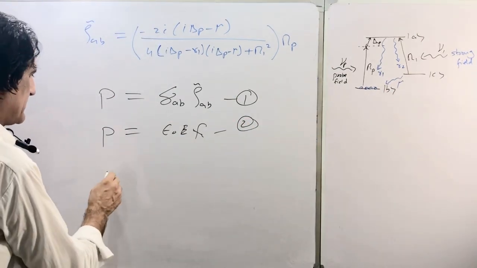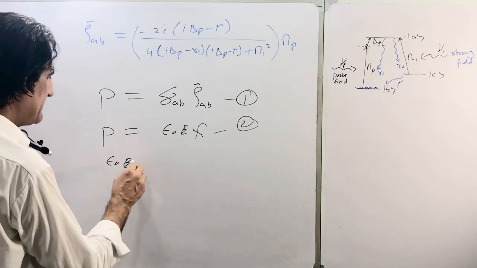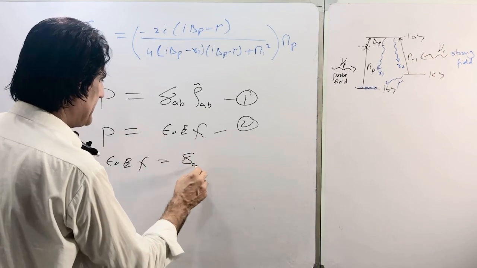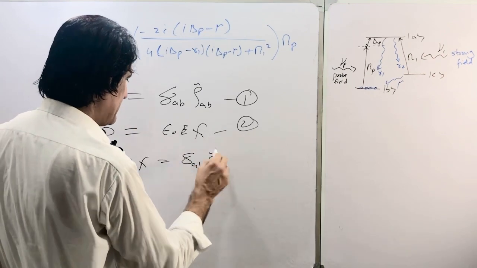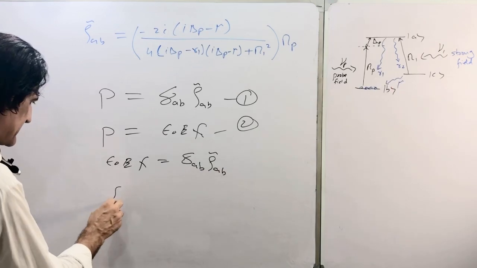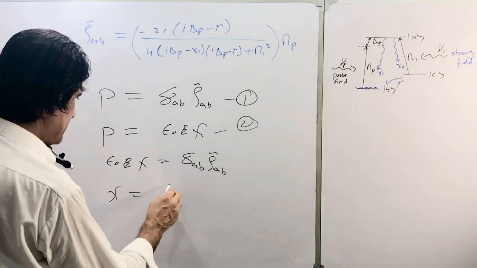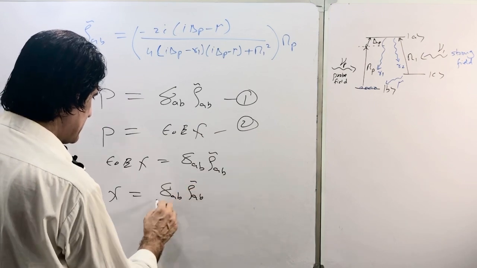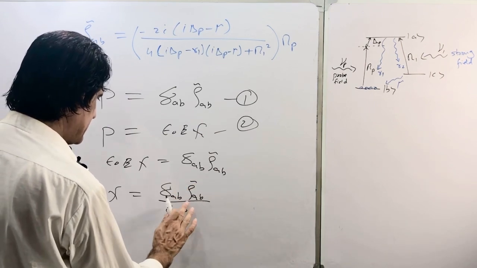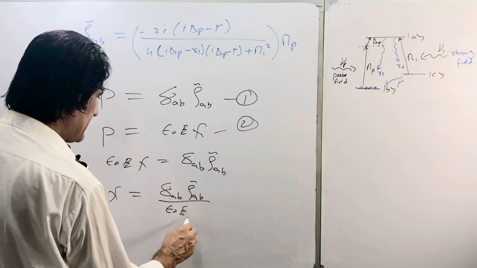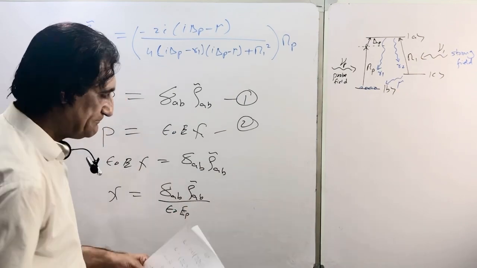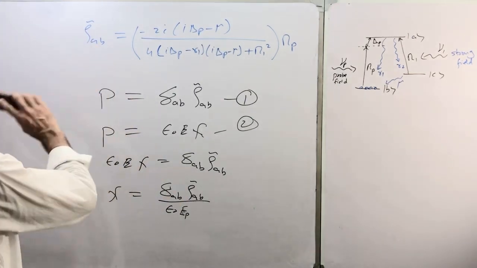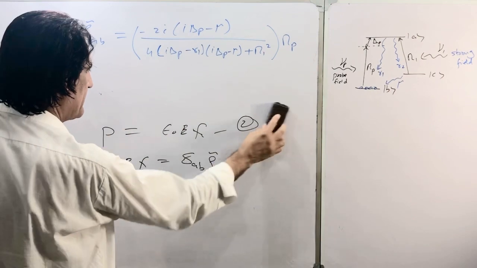Comparing epsilon naught E chi with PAB rho AB, chi is equal to the dipole matrix element PAB rho AB divided by epsilon naught and E, and here in our case this is EP. We have calculated rho AB.